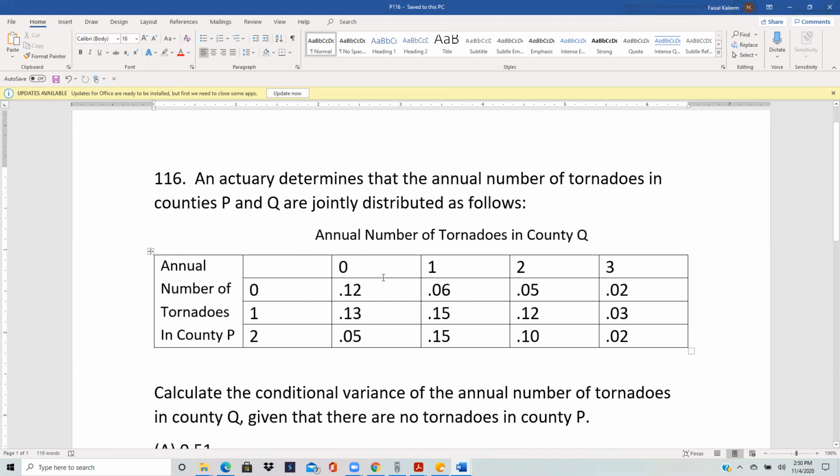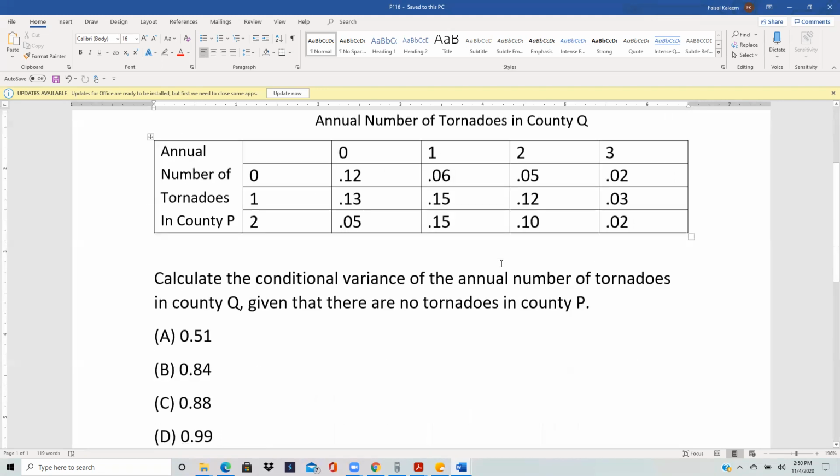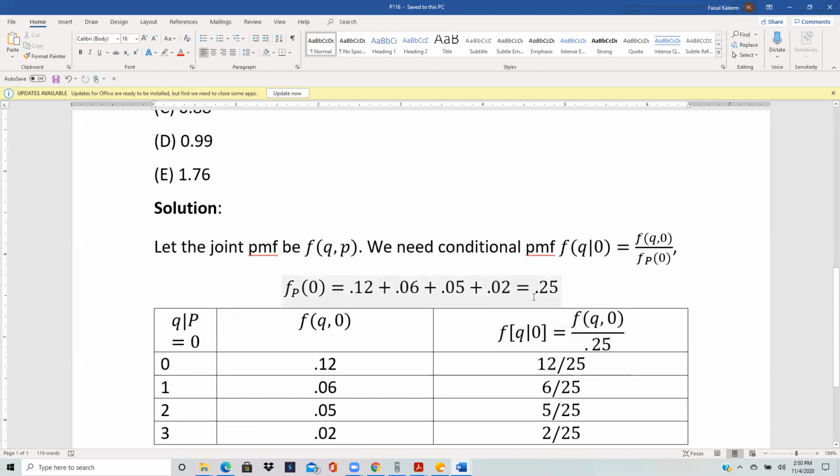The columns correspond to Q, the rows correspond to P, so P equal to 0 will be the sum of these four row entries. So we get 0.25.